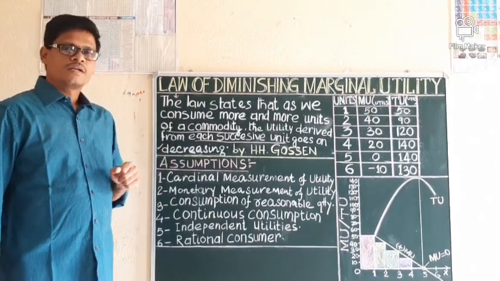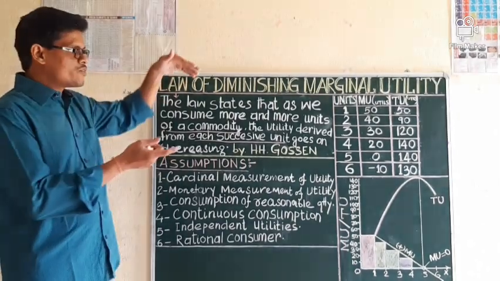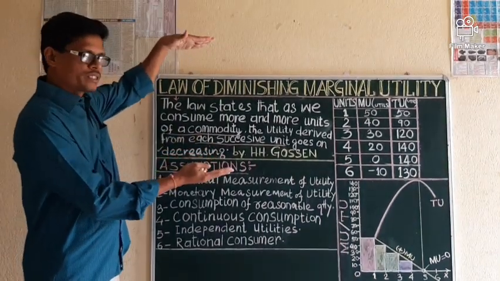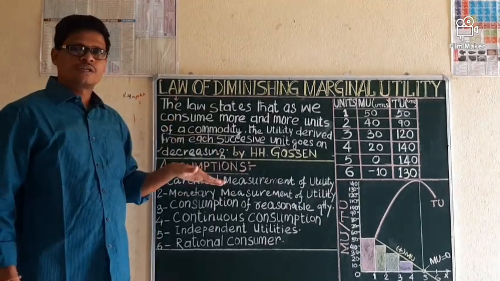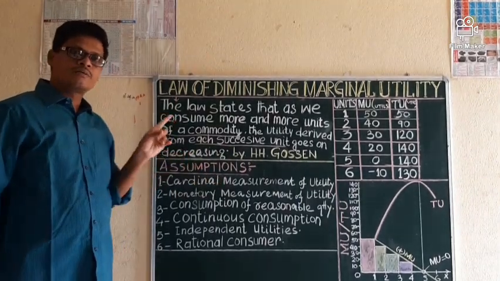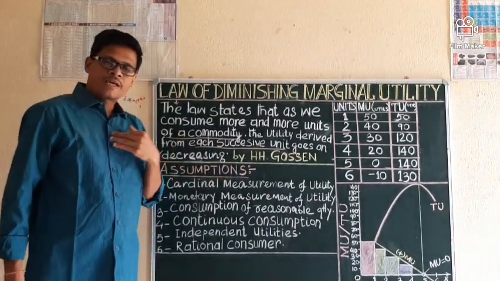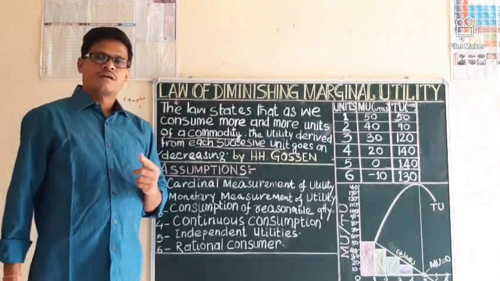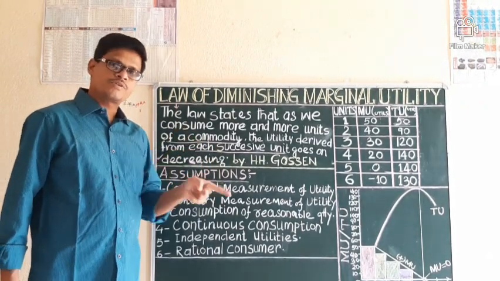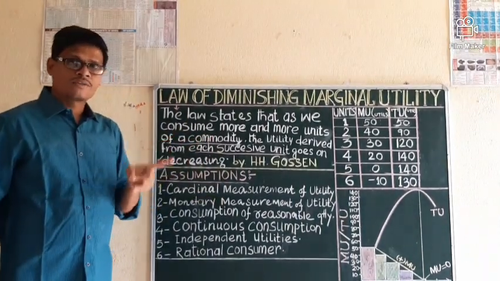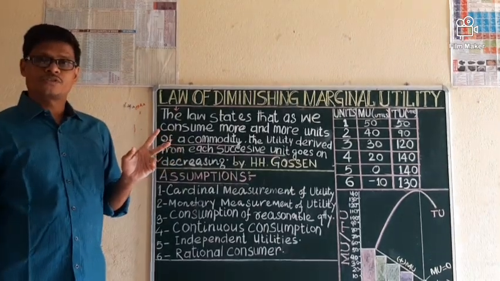Why? It is only because there is a time lag of 30 minutes between 5 and 5:30. During this 30 minute lapse, the second unit of Lotto Choco Pie may give us a satisfaction that is more than the previous one, may be equal to the previous one, or may be less than the first unit of Lotto Choco Pie.